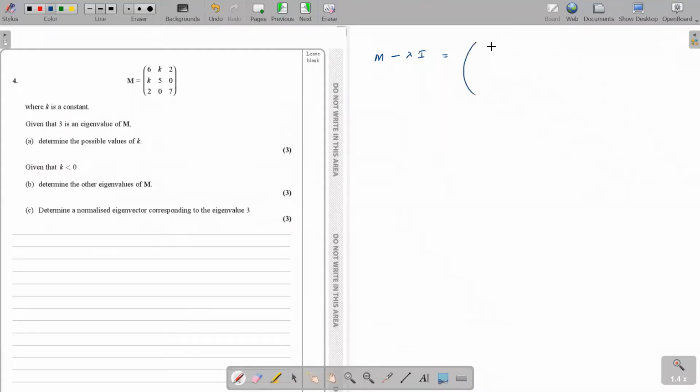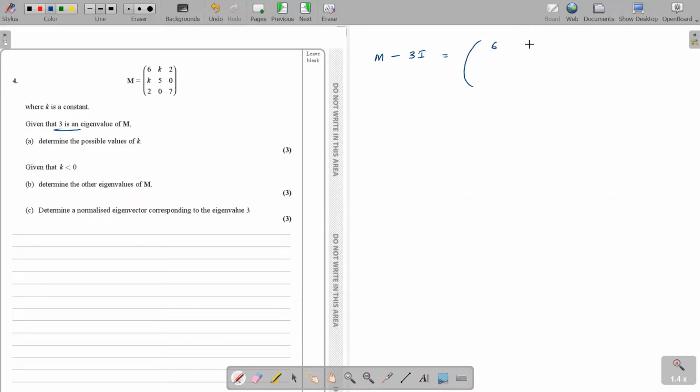So M minus lambda I, shall we fill it? They have told you, given that 3 is an eigenvalue, and they're asking you to get the possible values of k. So basically what you do is use your lambda as 3 to figure out the value of k. So here, instead of M minus lambda I, we'll use M minus 3I. Are you with me?